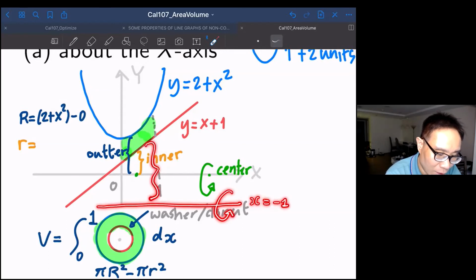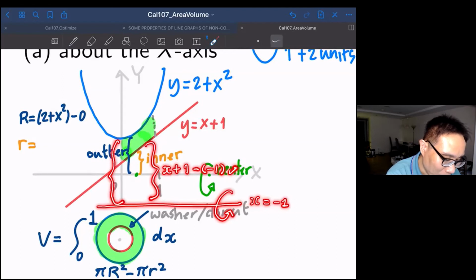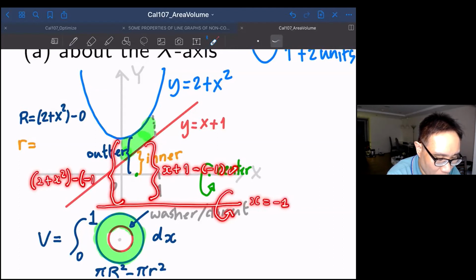And the new inner turned out to be x plus 1 minus negative 1, okay, that you can apply on your own. And the new outer will be what? The new outer will be 2 plus x squared minus negative 1.